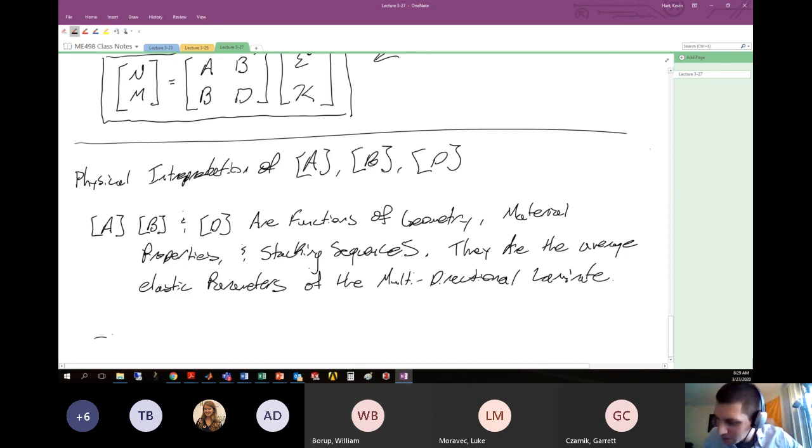So first let's talk about the A matrix. The A matrix is the matrix that relates in-plane loading to in-plane strains.